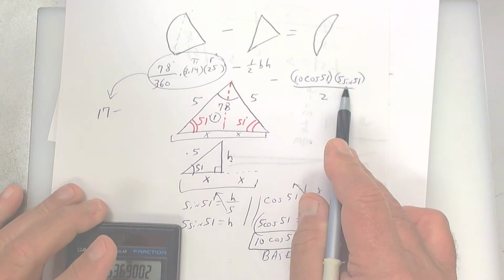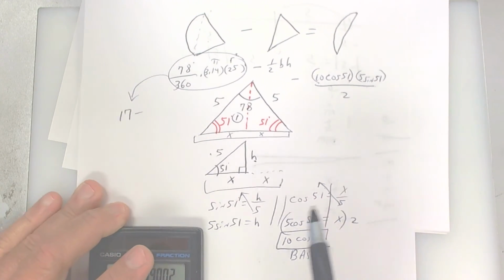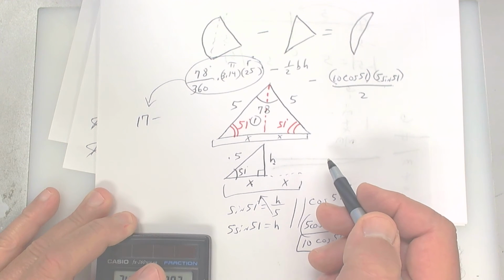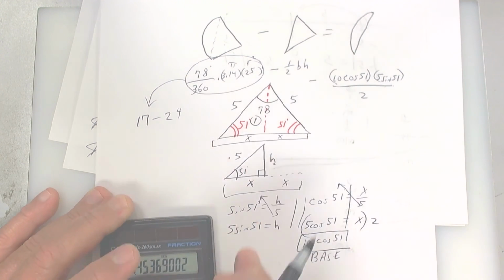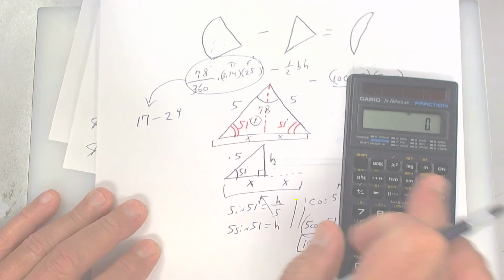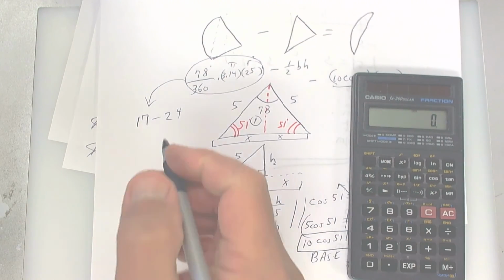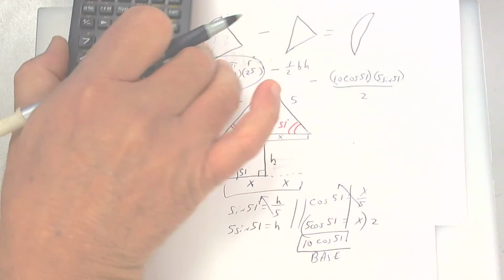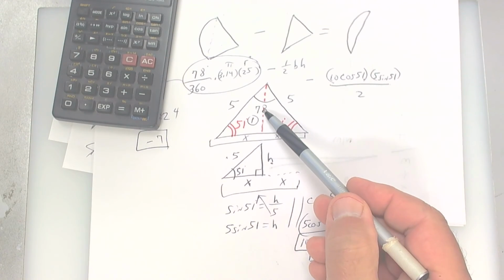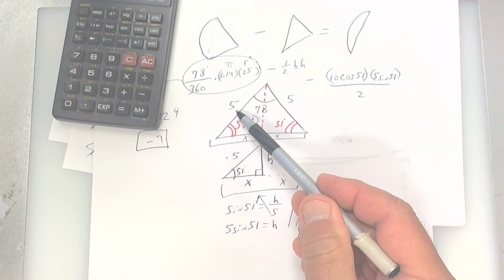I get 24, and so here, let me think about this. All right, I'm going to get a negative number here. Now, you shouldn't end up with a negative. So number one, I would double check it. Number two, it's a -7, but my numbers are wrong. So this angle apparently can't have a hypotenuse of 5.